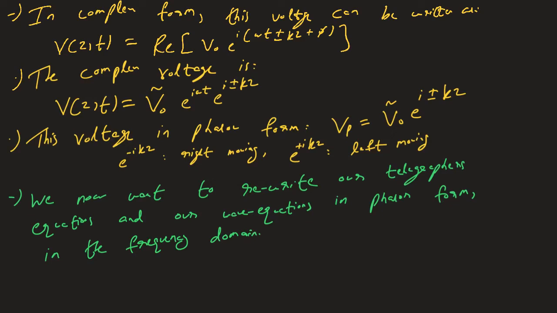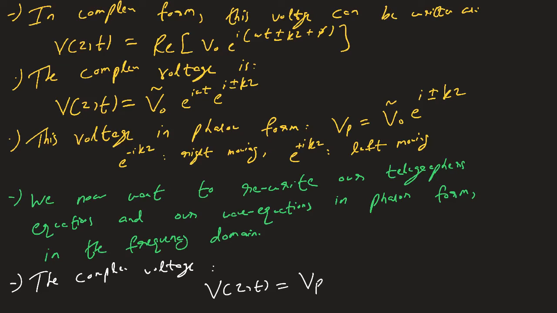Now, just as a side point, the complex voltage, of which the real part is the physical voltage, can be written as V of z,t equal to the phasor voltage Vp e to the i omega t, right?